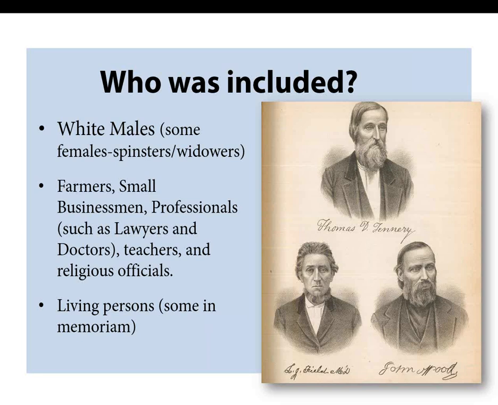These are like the representative population of the particular time. These people are usually living persons. There are some examples where these folks are being honored in memorandum, but for the most part, they're living persons giving the information themselves.